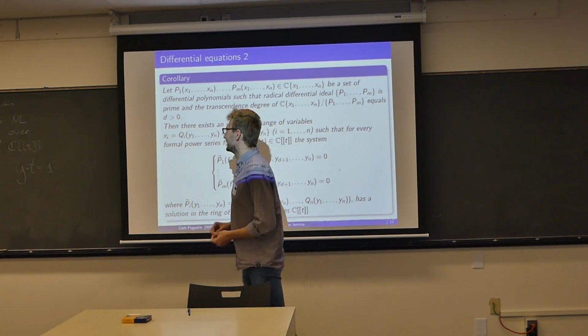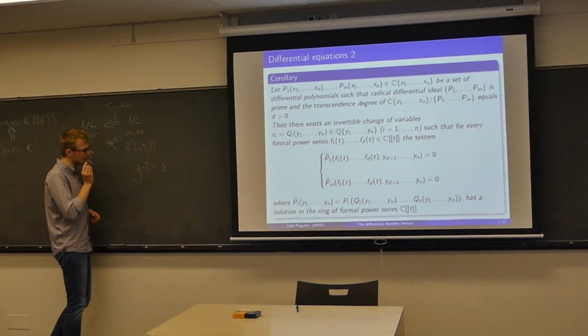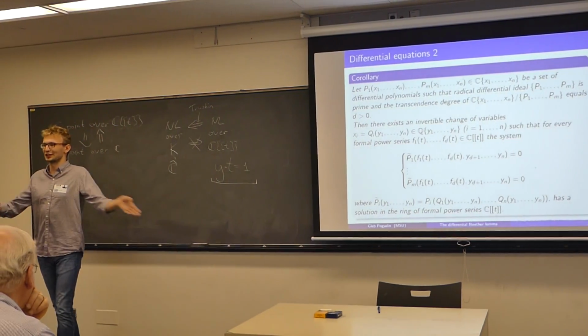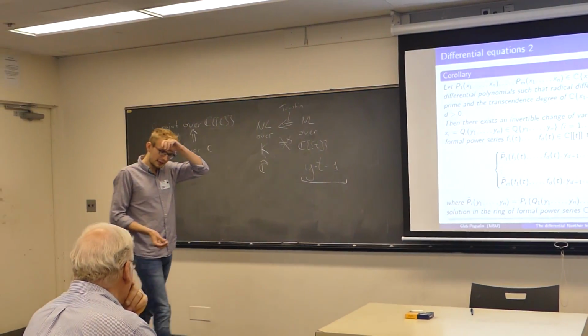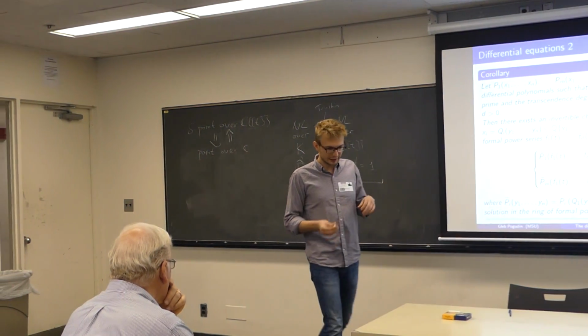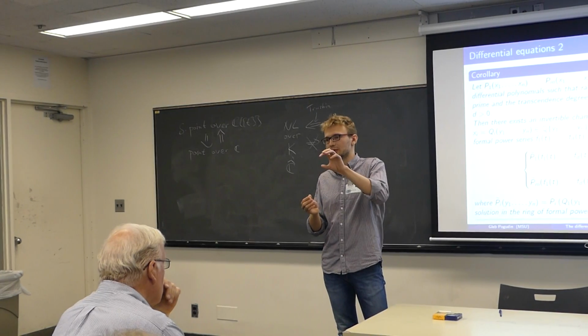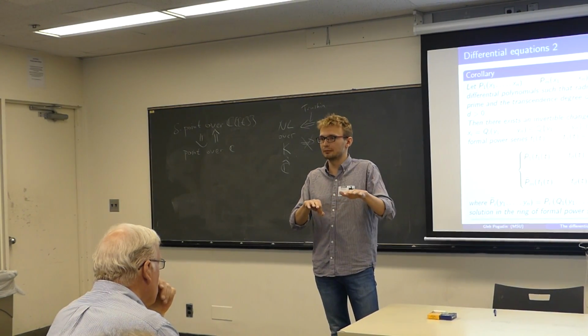Okay. That's a bit of a problem, because if you start with this equation, you can do any change of variables, it will not help. But if you have some power series coefficients, you say that they are new variables, and you put some equations which define them.